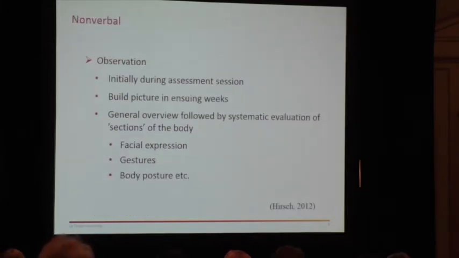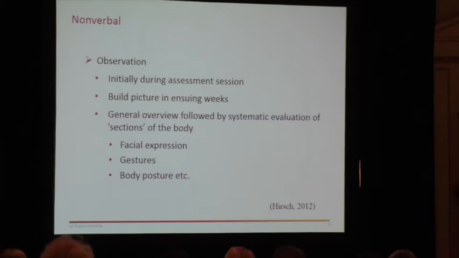With regards to non-verbal behaviour, again, it's observation during your initial assessment, but following the guidelines of Hirsch in that Adler book, 2012, you start off by having an overall picture of the non-verbal behaviour, and you gradually build up a picture in the ensuing weeks.